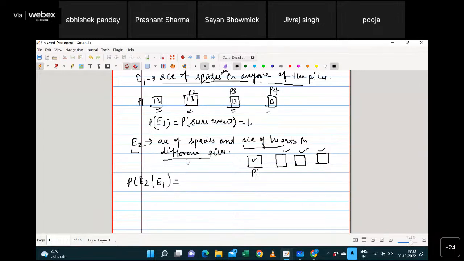We are left with 39 places in pile 2, pile 3, and pile 4, and 51 cards left. Then it is 39 by 51.